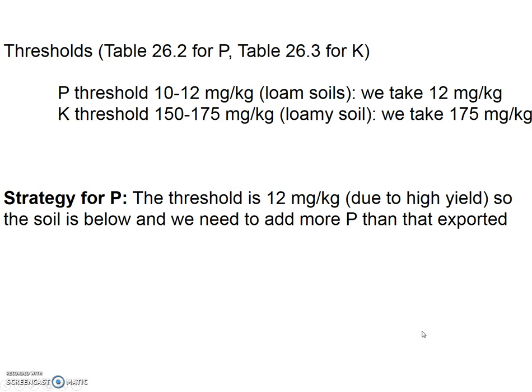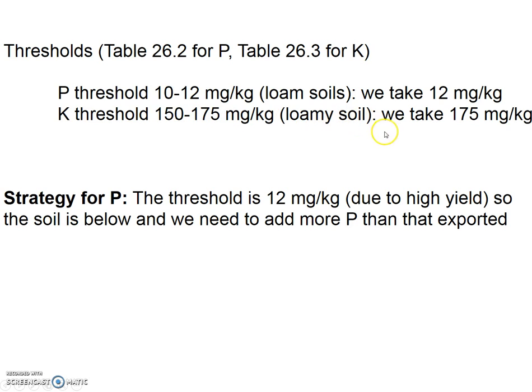The thresholds, which are taken from table 26.2 for P and 26.3 for K, are between 10 and 12 for loam soils. For phosphorus, we take the maximum value, 12 milligrams per kilogram, and the K threshold is between 150 and 175.